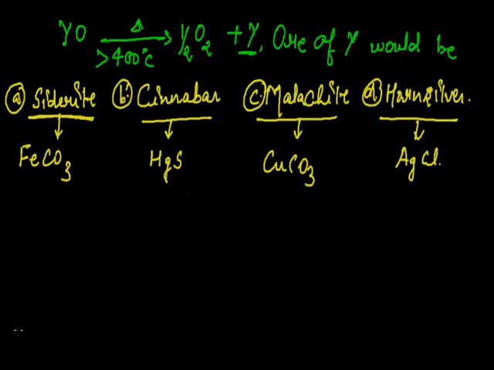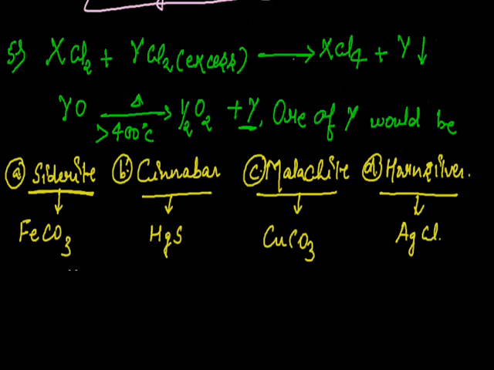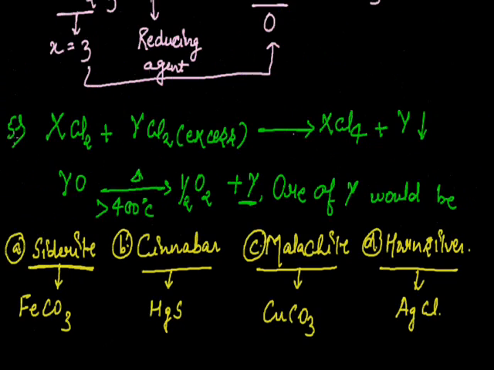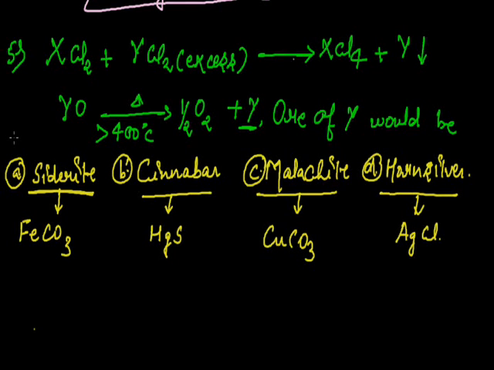Now we'll see the reaction. What all reactions proceed over here? What is given in the reaction? XCl2, X here is tin, that is SnCl2, when it reacts with HgCl2. It forms what? Now here the tin is in +2 oxidation state, and the Hg is in +2 oxidation state.